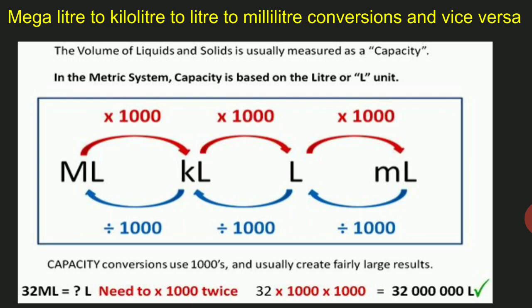And when we go from small to big units, we divide by 1000. So for example, if I have to convert 32 megaliters to liter, I need to multiply by 1000 twice, because megaliter to kiloliter is 1000 and kiloliter to liter is again 1000. So it becomes 32 into 10 raised to 6 liters. I hope you have got it.